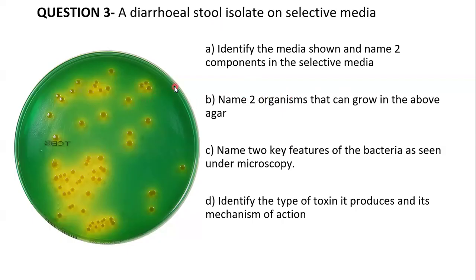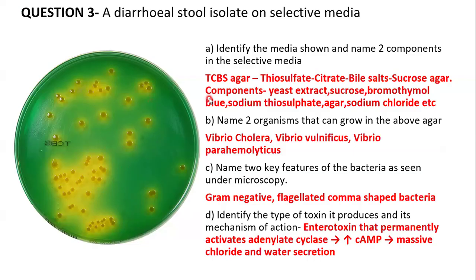We have cholera, Vibrio cholerae, we have the other types of Vibrio. So let's see. TCBS agar. The components, we have yeast extract, sucrose, bromothymol blue, sodium thiosulfate, agar, sodium chloride, etc.